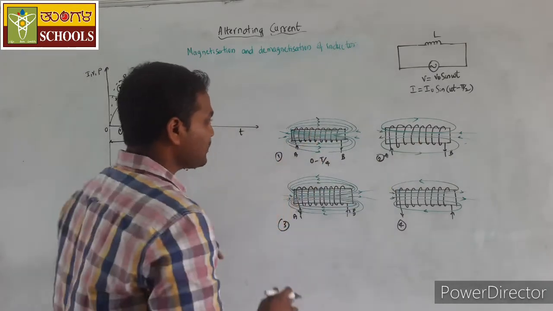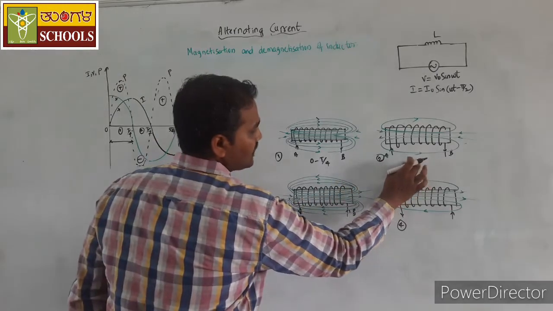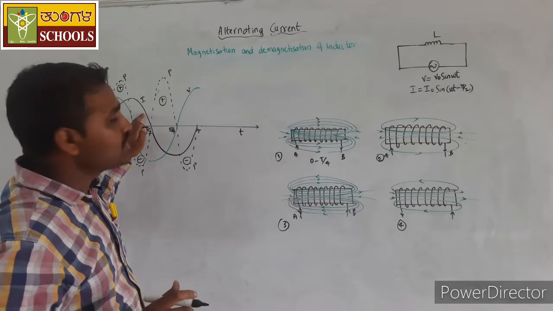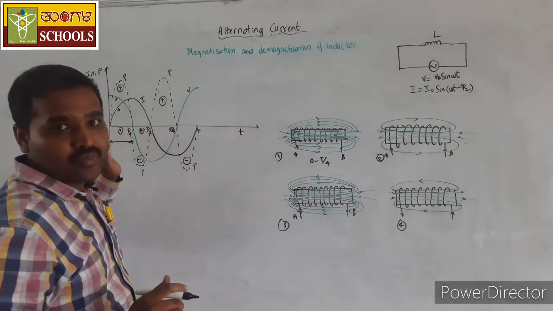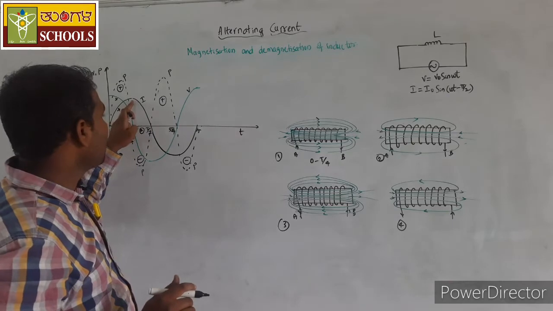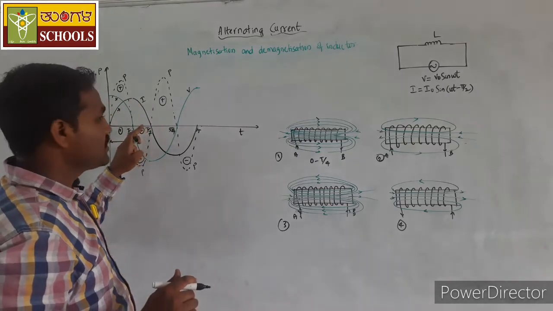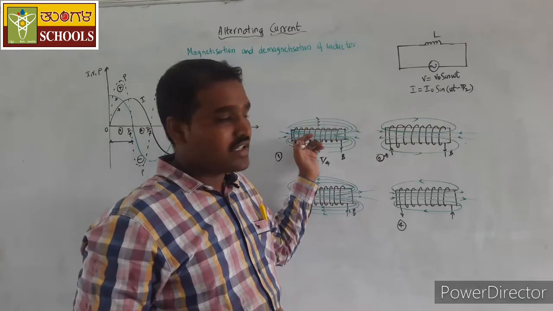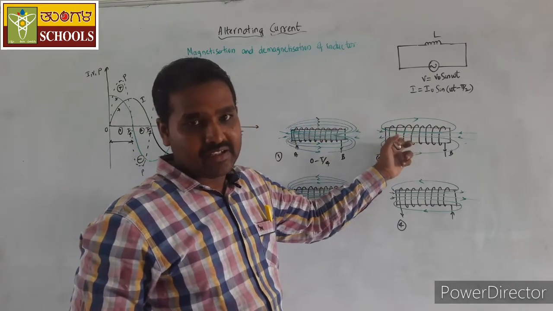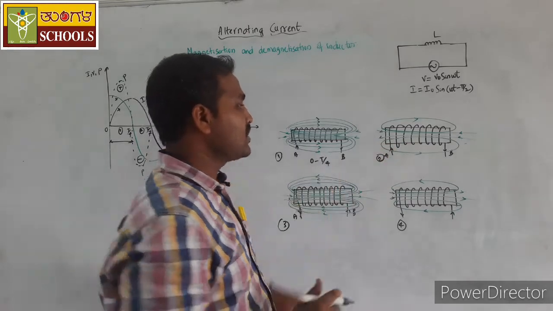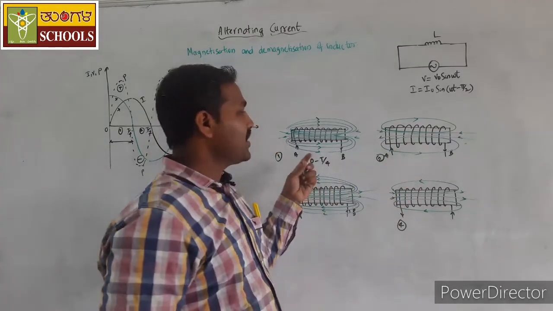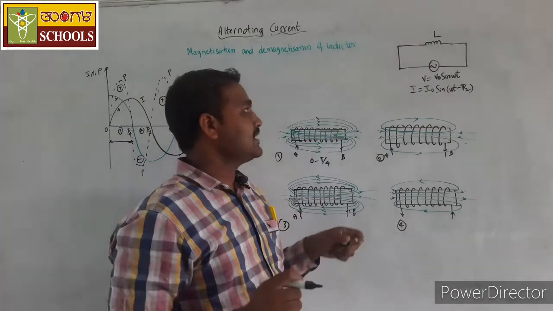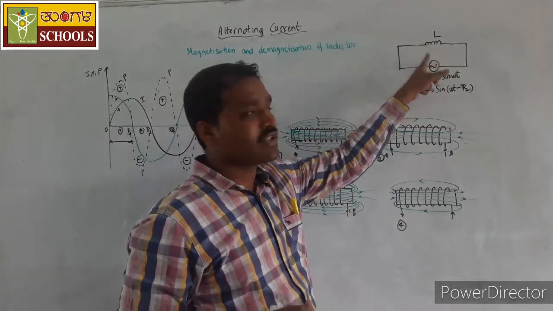So during the second quarter, the direction of current is the same, but the magnitude is reducing from maximum to 0. Whatever magnetic flux was developed during the first quarter is getting depleted here. So in the second quarter, whatever energy was stored in the inductor in the form of electromagnetic energy is again given back to the source.